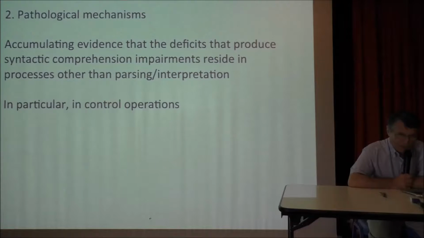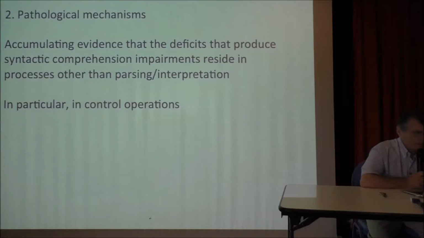I'm going to present three alternatives to that view. Well, I thought originally I was going to present three, then I thought I'd present two for reasons of time. Now I think maybe I'll present three, but you can tell me if you've had enough after two. Okay. I'm going to argue that there is accumulating evidence, getting to be quite good evidence, that the deficits that produce these syntactic impairments do not reside in the parser interpreter at all, but they reside elsewhere.